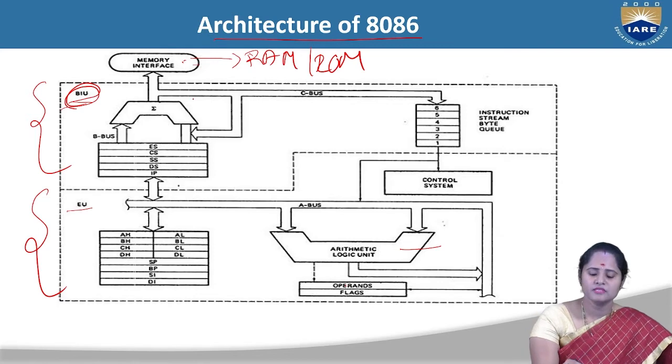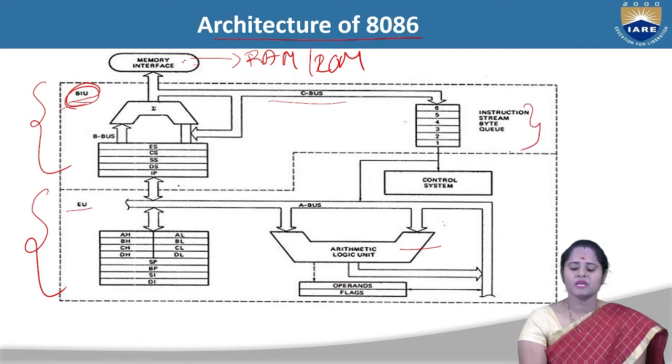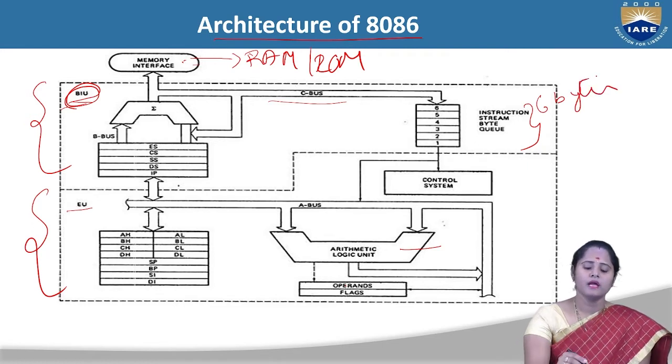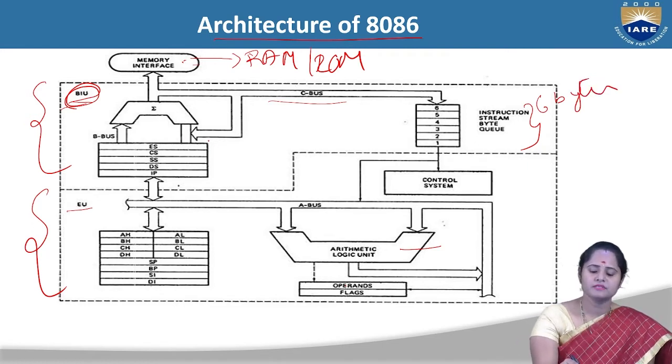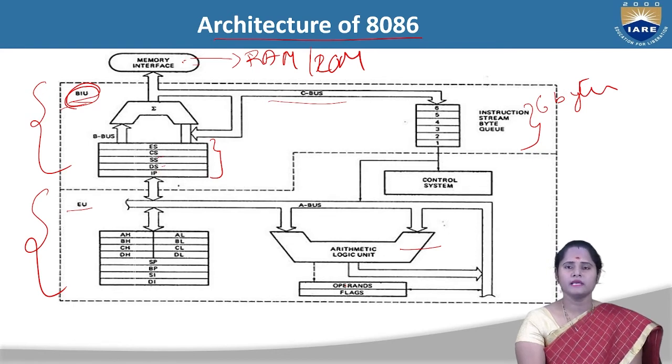In the bus interface unit, you can see here you have buses, a C bus, and an instruction queue, which, as we have discussed, is a 6-byte queue. And we have some segment registers: ES, CS, SS, DS, and IP. We'll look at these individually in detail in later slides.